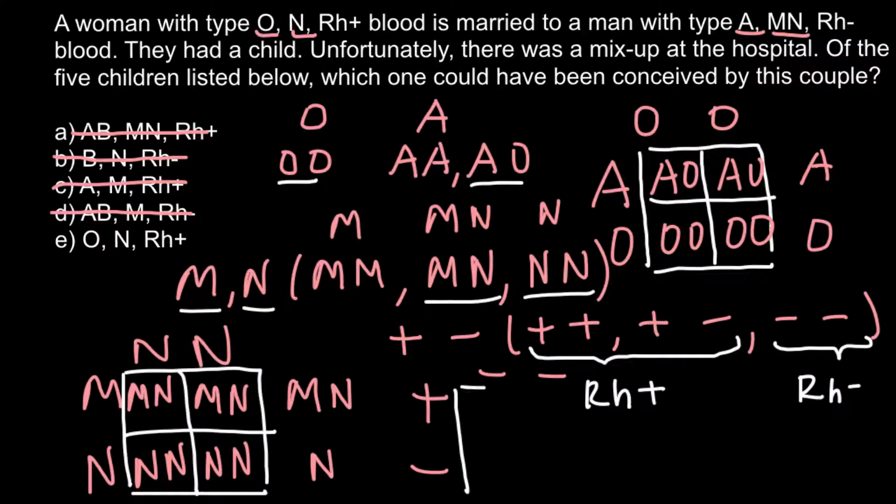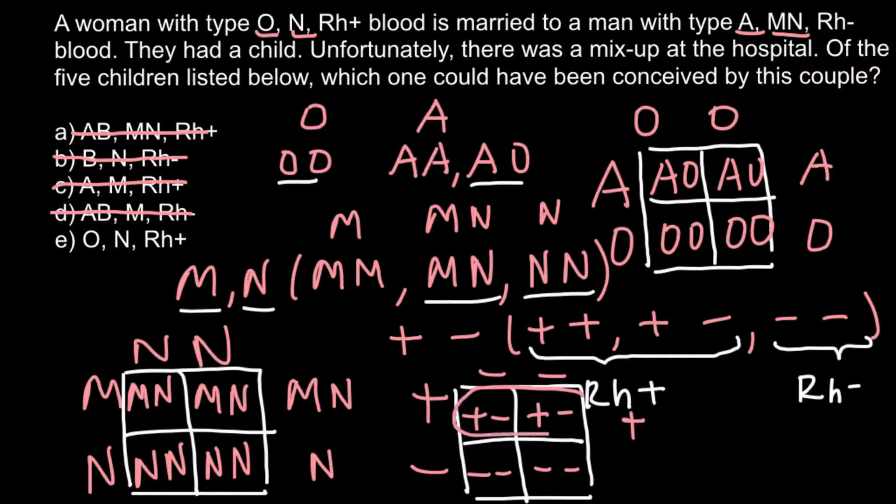As you see, when we cross these two genotypes in the progeny, we may have the following variation: positive, negative here, positive, negative here, negative, negative, negative, negative here. So this cross would produce 50% of the progeny that would be Rh positive, as you see, and another 50% would be Rh negative.